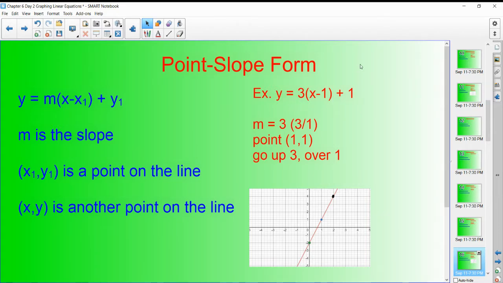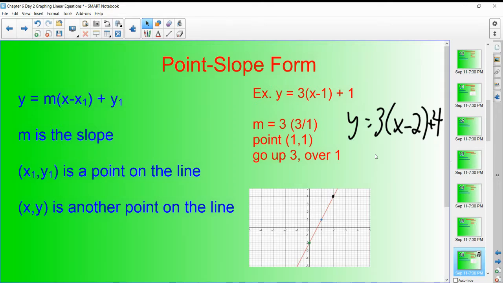Now, the cool thing about this is I could have chosen 2, 4 as my point and rewritten the equation as y equals 3 times x minus 2 plus 4. And those are equivalent equations. Both of those will graph the same exact line. And I could have chosen 0, -2. Or I could distribute this and put this in slope-intercept form.